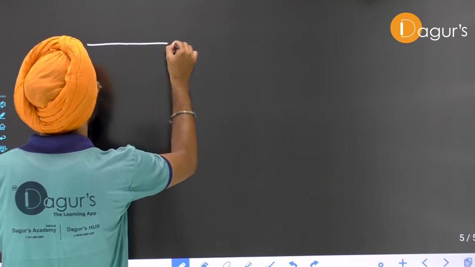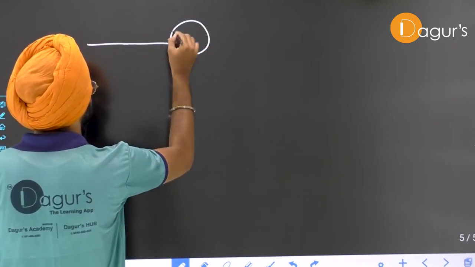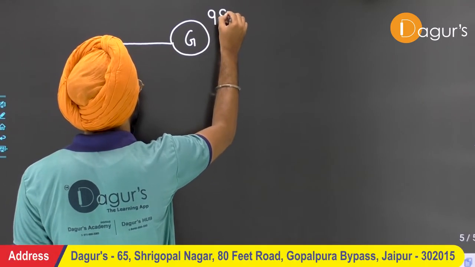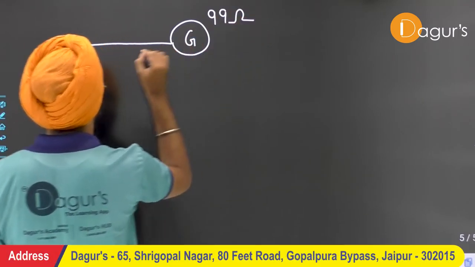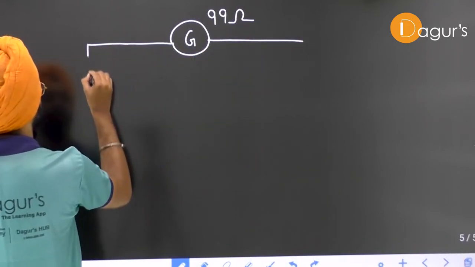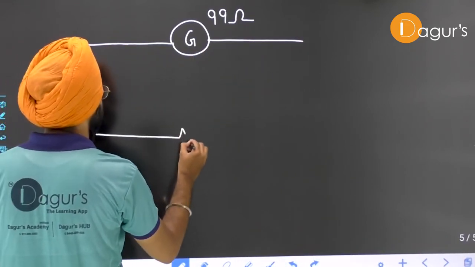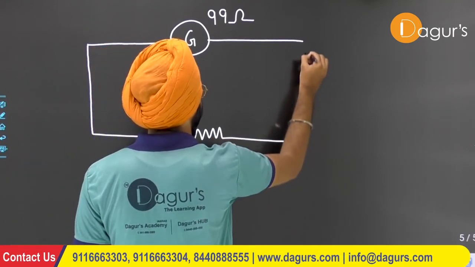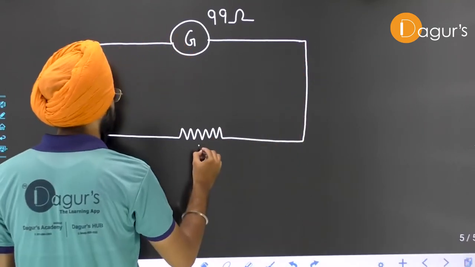So, we saw that the resistance of the galvanometer is 99 ohm and the resistance of the shunt is 11 ohm.